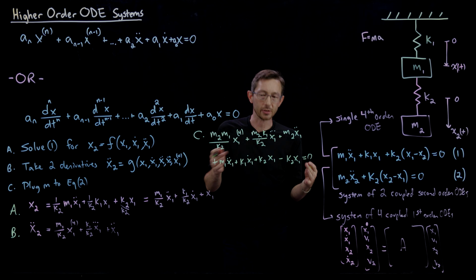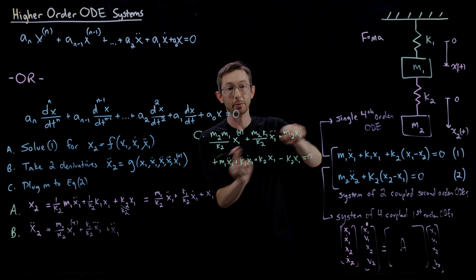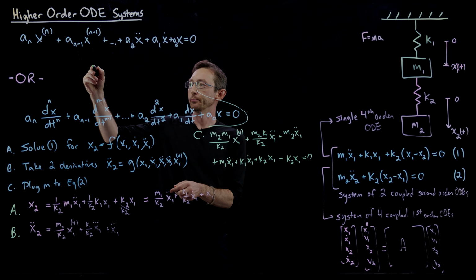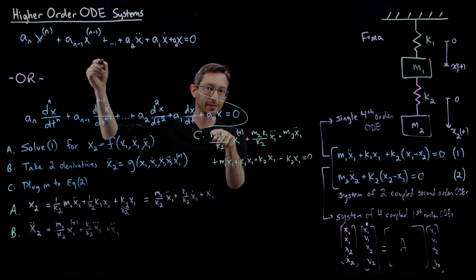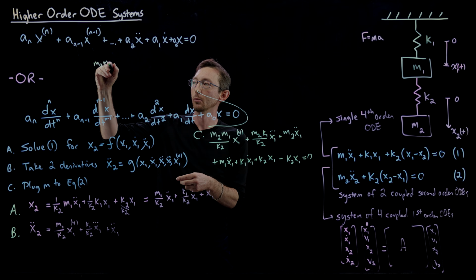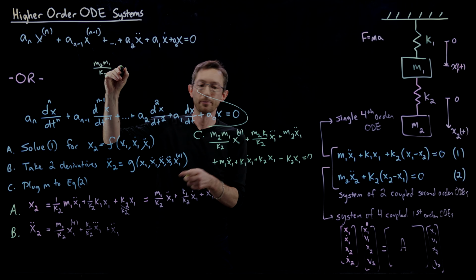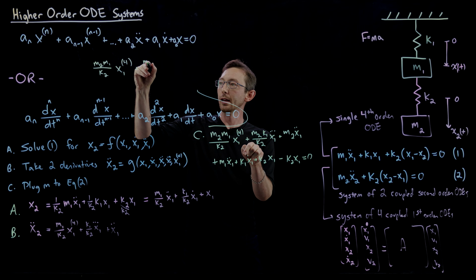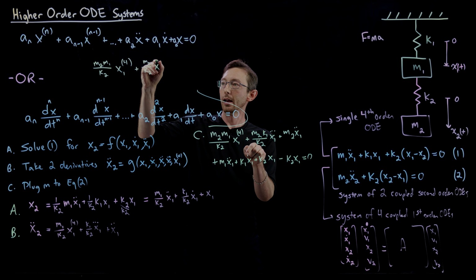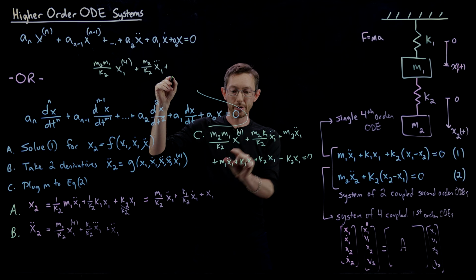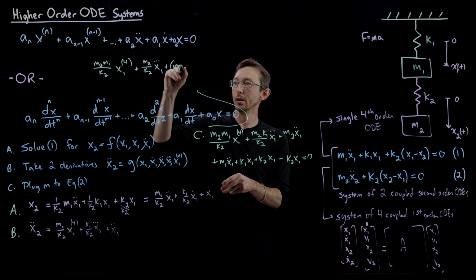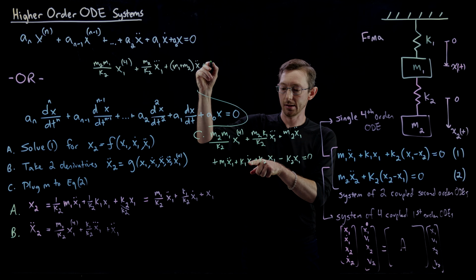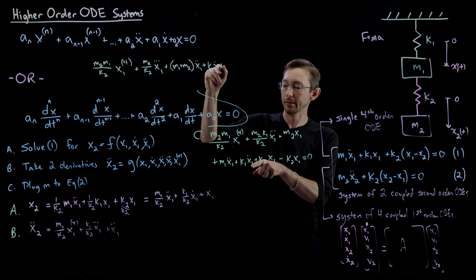And now I can kind of just group terms and make sure I put all of my x double dots together. And I get something really simple, which is essentially some constant, it doesn't matter what constant this is, m2 m1 over k2 times x1 fourth derivative plus another constant, m2 k1 over k2 x1 triple dot, plus another constant, which is just m1 plus m2 x1 double dot, plus k1 x1 dot plus k2 x1.